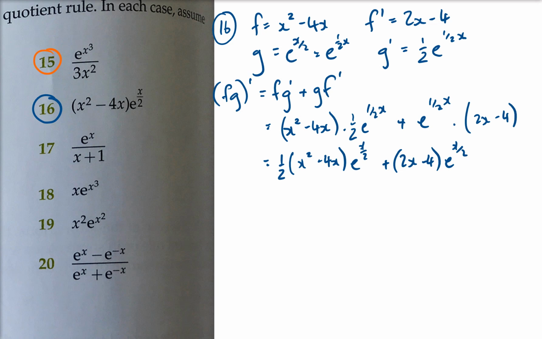Again, that's your achieved answer. So we're just trying to make it a little bit easier. Common factors, well, there aren't many common factors apart from e to the x over 2. So if I take that at the front, e to the x over 2 leaves me with half lot of x squared minus 4x plus 2x minus 4.